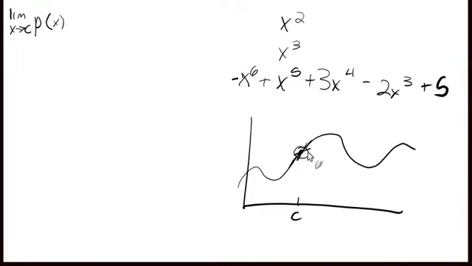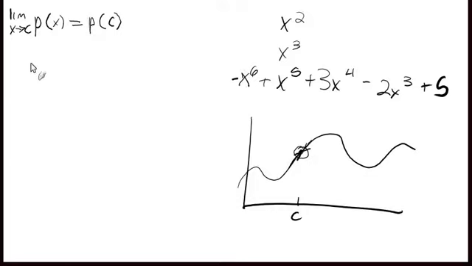And that would be the limit. It would be that easy. That's what it's saying: just take c, put it into your polynomial function, and that will be your limit. That's what we call direct substitution when we do limits. So if you've got a polynomial function, you can just do direct substitution.